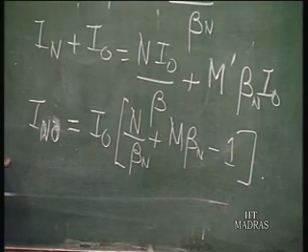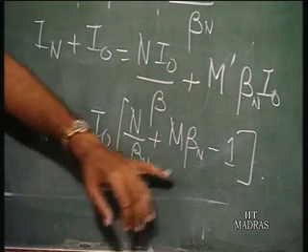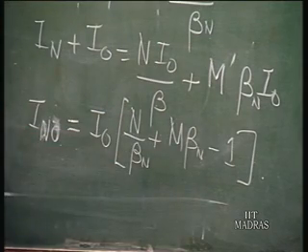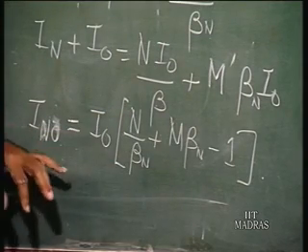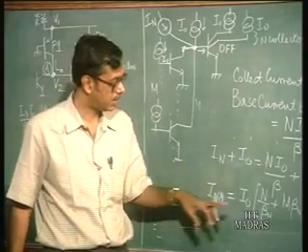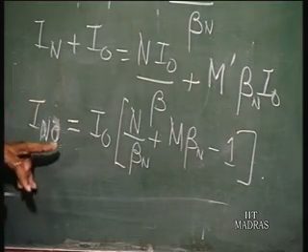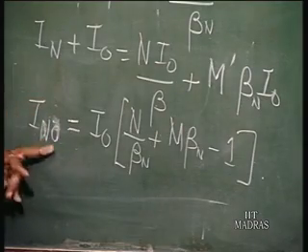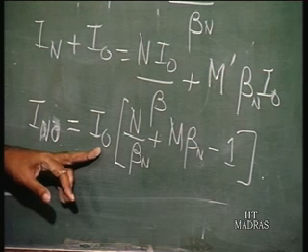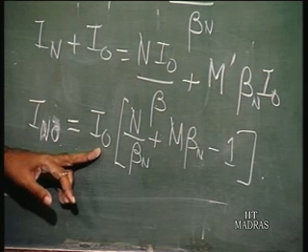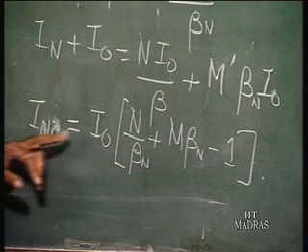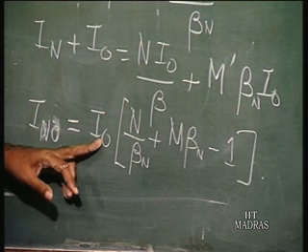The interesting point here is, well, we have done this analysis with a lot of assumptions involved, and we have taken equal currents, but the important point which comes out from here is that this is proportional to I naught. The noise current is proportional to I naught.